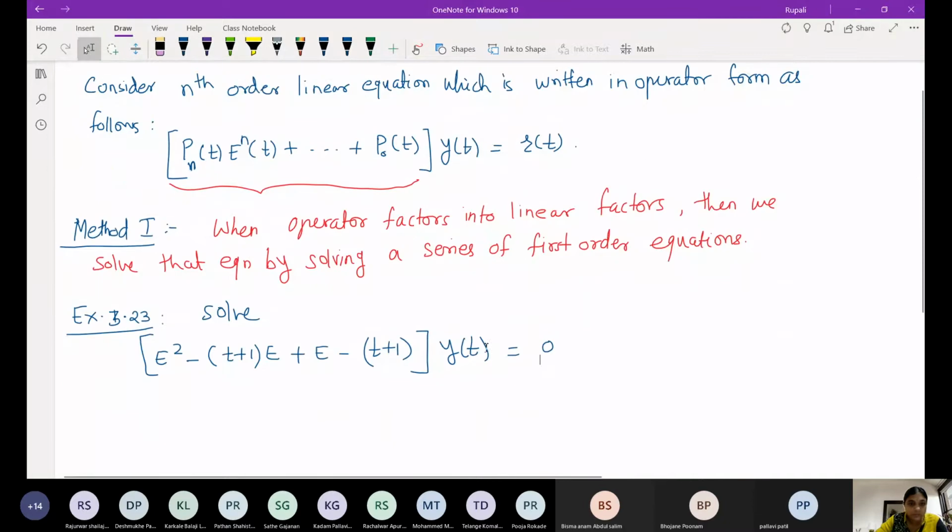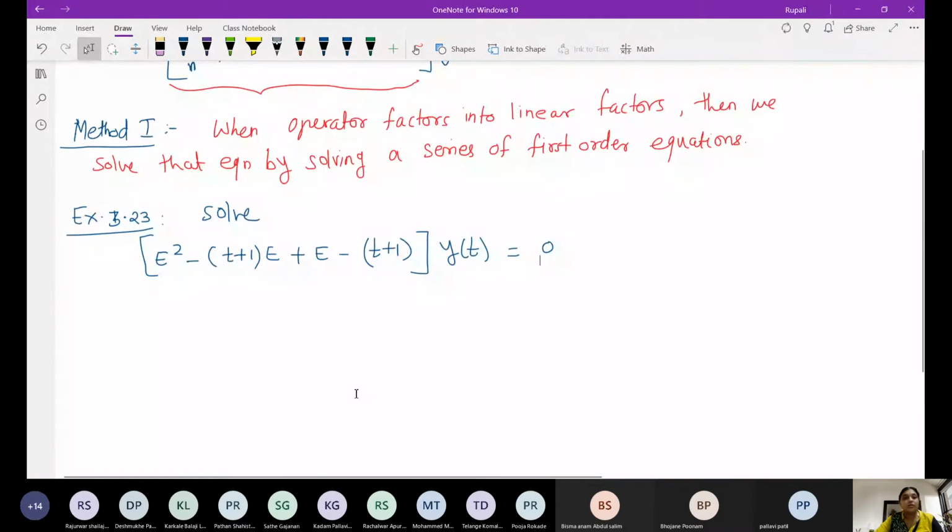Consider this homogeneous equation first. So what is this method? When the operator factors into linear factors, we solve a series of first order equations. We will see this method here.